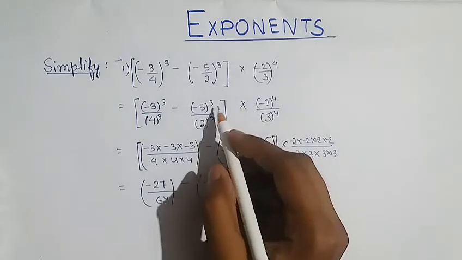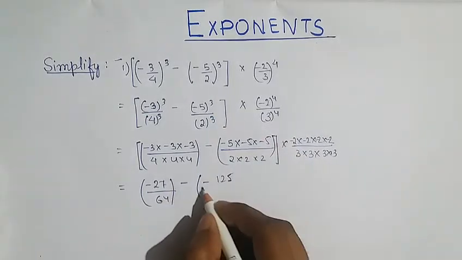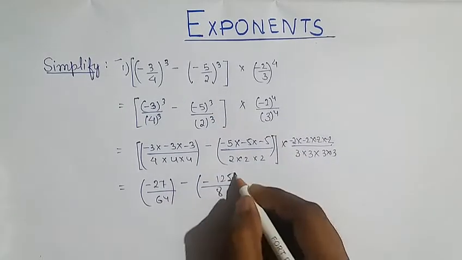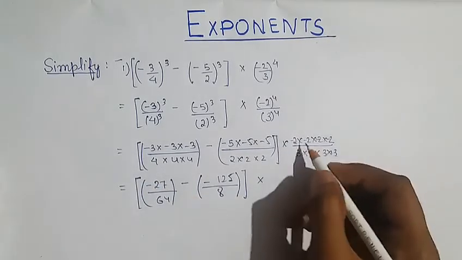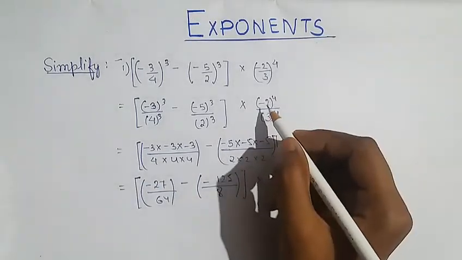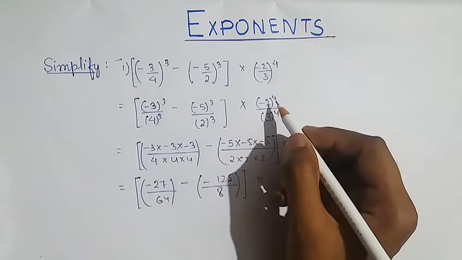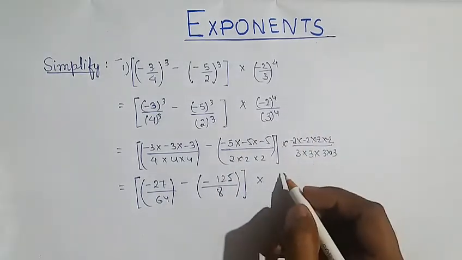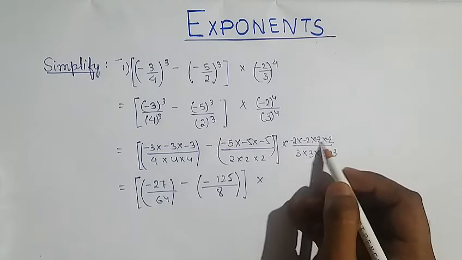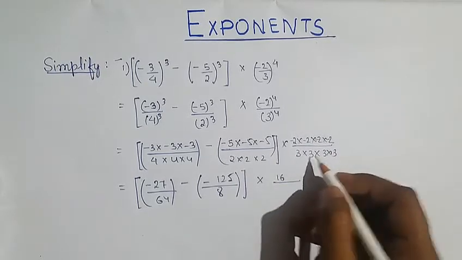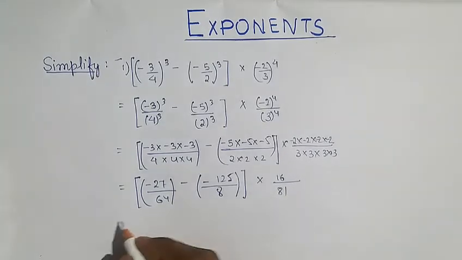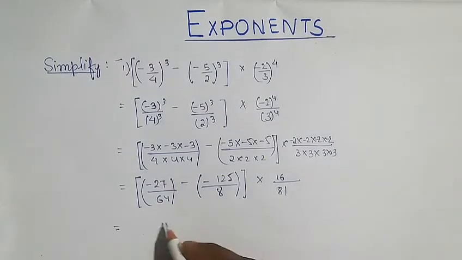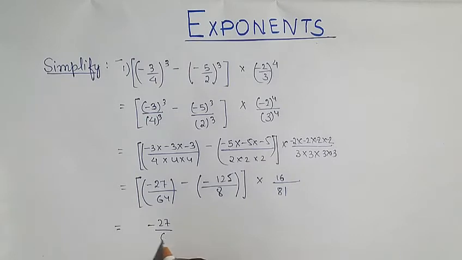Here again the same case, so the result will be negative. Now here we can see there is a negative base 2, but the power 4 is even, so the result will be positive. So 2 to the 4, 4 to the 8, 8 to the 16, upon 3 3s are 9, 9 3s are 27, 27 3s are 81.